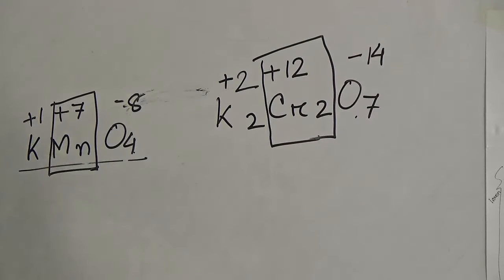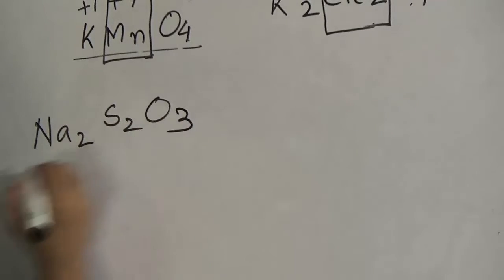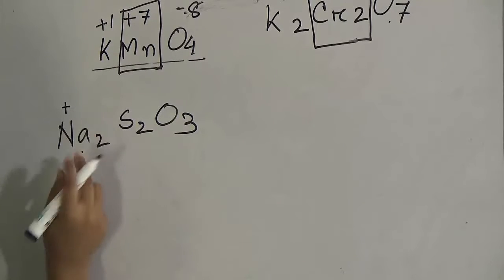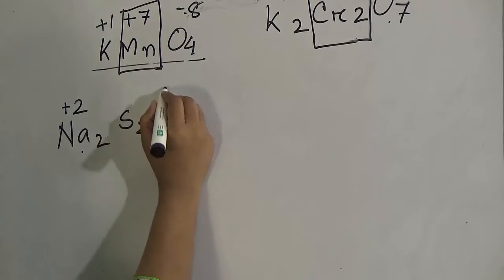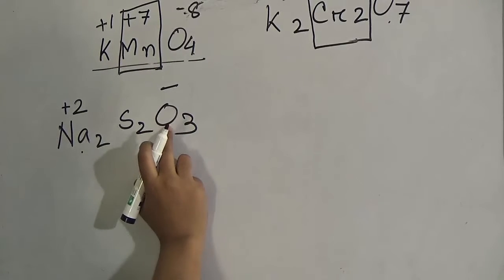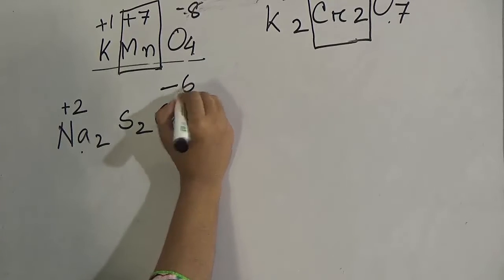Now come to the next one, sodium thiosulfate. Here we know sodium's oxidation number is +1, there are 2 atoms, so it will be +2, and oxygen's oxidation number is -2, there are 3 atoms, so -6.